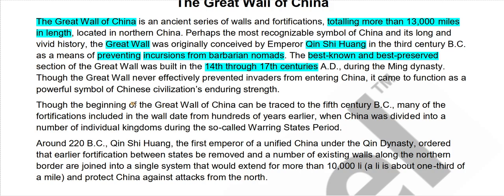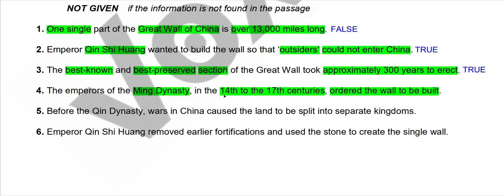So when the Great Wall of China was started to be built in the 5th century BC, not in the 14th or 17th century AD, it was way before them. So they didn't order it, it was before them.